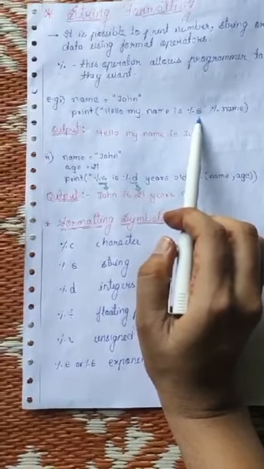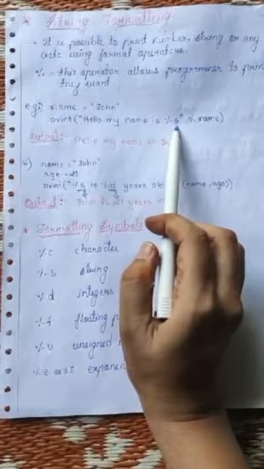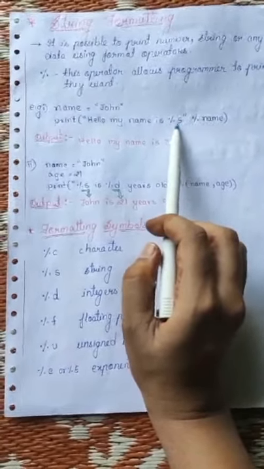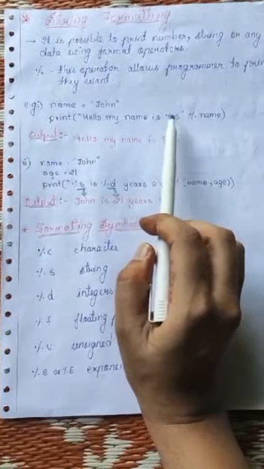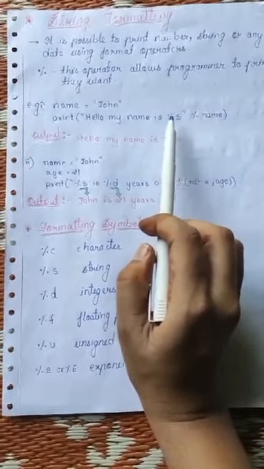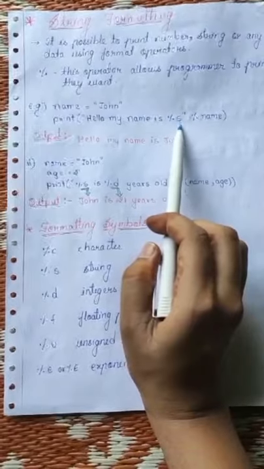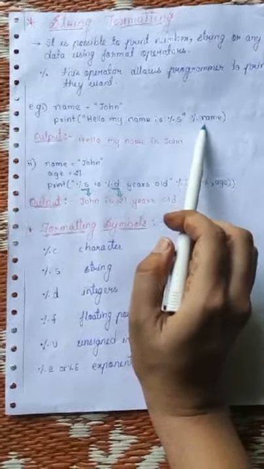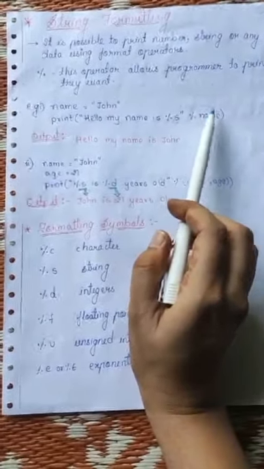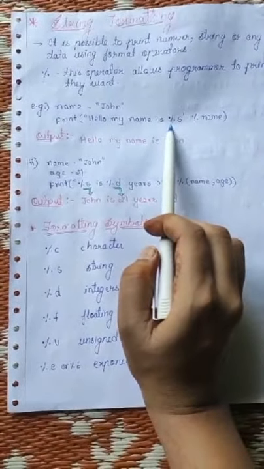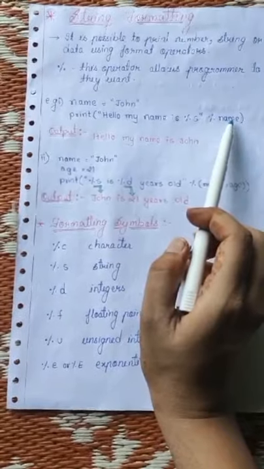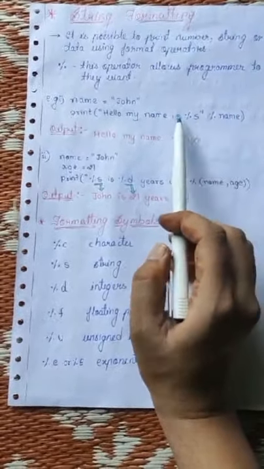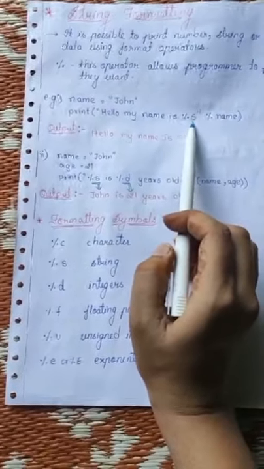Here S stands for string. Later we are going to see what format specifiers we use for different types of data. So for string we use S. Along with this % operator we use this S, and after that the name of the variable whose value we want to display at this position is written here. That means the value stored within the variable will be replaced at this position.